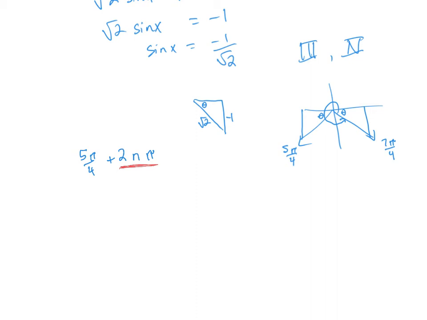So our answer would be 5 pi over 4 plus 2n pi, and 7 pi over 4 plus 2n pi.